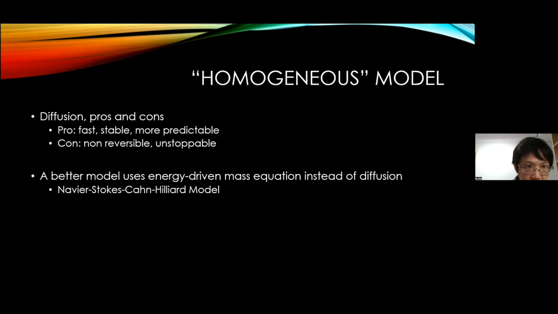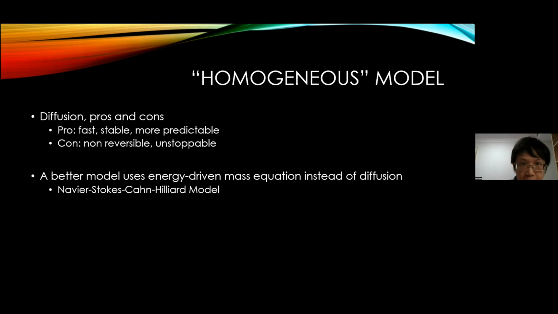The pros are that diffusion is very fast and very stable, and we almost always know how diffusion will go, which means it's very predictable. But the downside is that diffusion is non-reversible and unstoppable. You will never stop a diffusion before all the colors are mixed together, which results in a foul color.